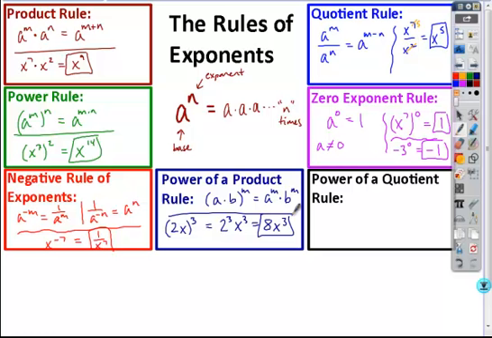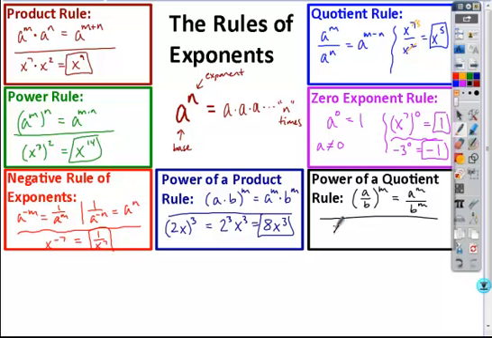Okay, so a power applies to all factors inside of a product. And there could be more than just two factors too. It applies to every single one. And really it applies to every factor in a fraction. So a numerator factor or a denominator factor. If you have a fraction a over b to some power m, that power of m is going to apply to both base a and base b.